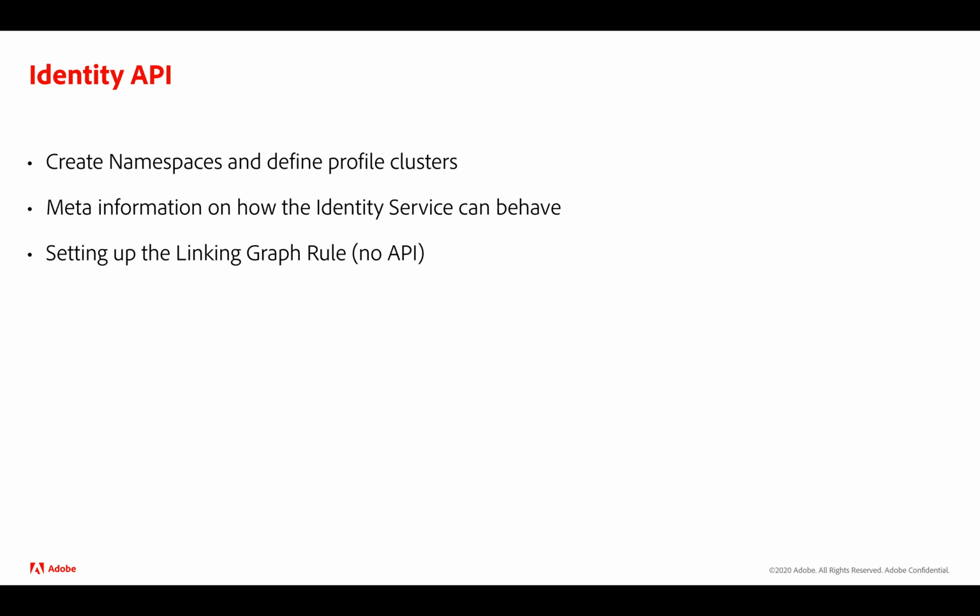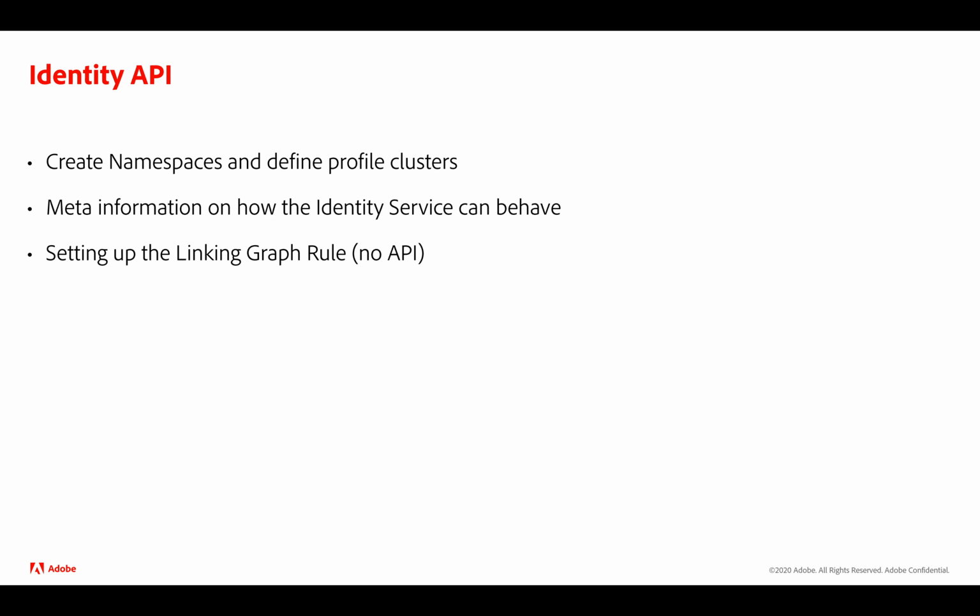The identity API, you can think of it as the creator of the namespaces that define your profile cluster. As I was explaining before, you can have different namespaces provided for your organization: Unilever ID, Nike ID, Adidas ID, whichever you want. Then you create them in the identity API.